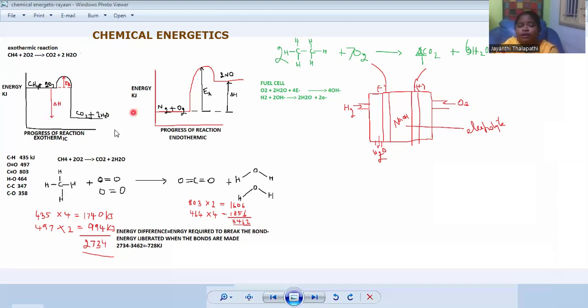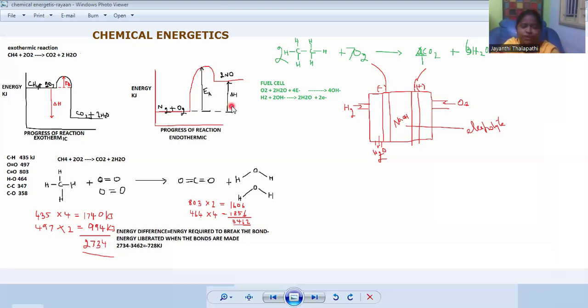But what is the difference between endothermic and exothermic? In an endothermic reaction, the reactants are written here and the products over here, and you can see the arrow EA from the reactants to this. What is this for? The energy needed to start the reaction. This much energy it needs to start the reaction, and then it leads to the products. So EA will be this and delta H will be this, but over here delta H will be positive.